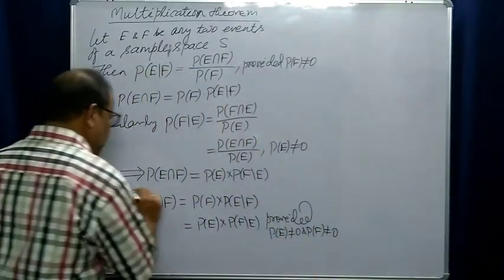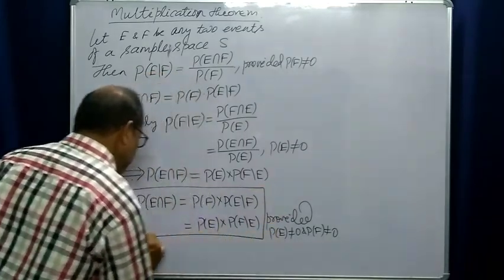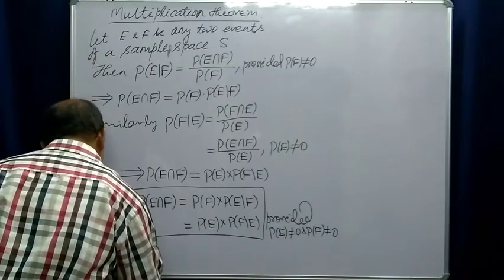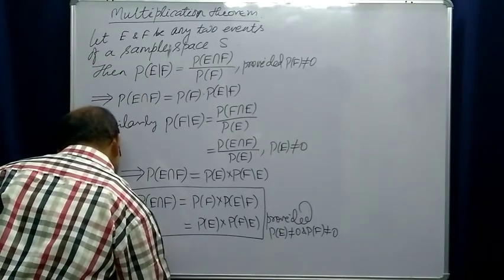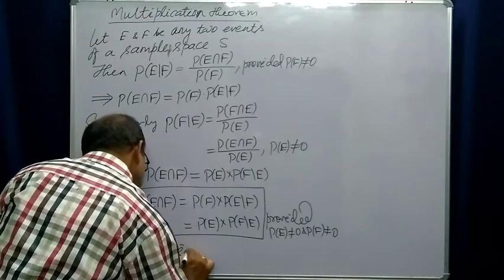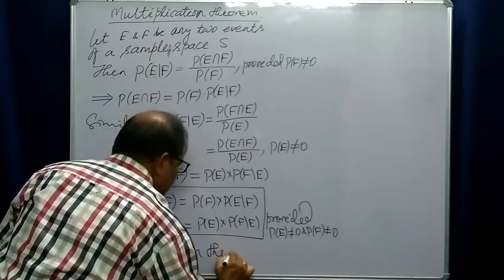And this is called the multiplication rule or multiplication theorem.